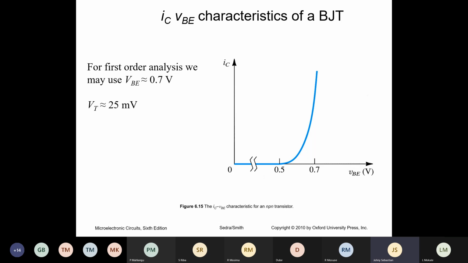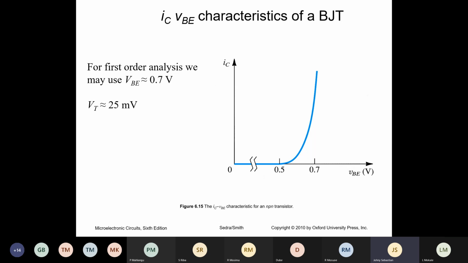We put VD on the X and ID on the Y. We found the same graph, an exponential graph. Basically, the diode characteristics are exactly the same on a BJT when you look at VBE versus IC.